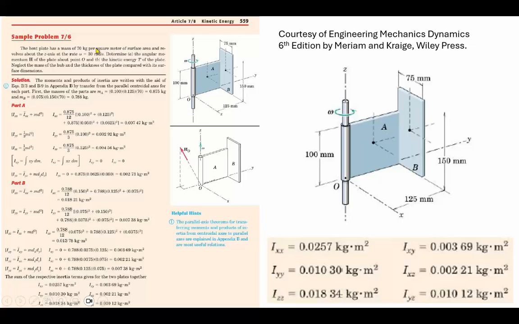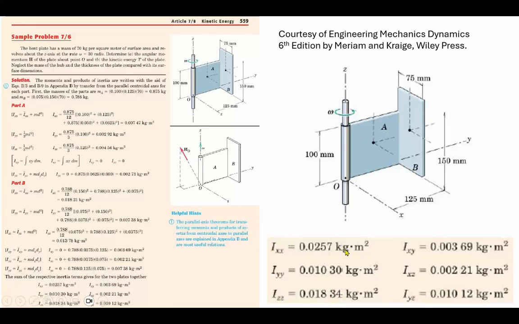Remember, usually the density is kilogram per meter cubed, but because we are assuming that the thickness is small, we're giving it the value in terms of 70 kilogram per square meter. Now, notice that this is coming from Meriam and Kraige's book, and it's a worked-out example, so I should be getting these numbers.